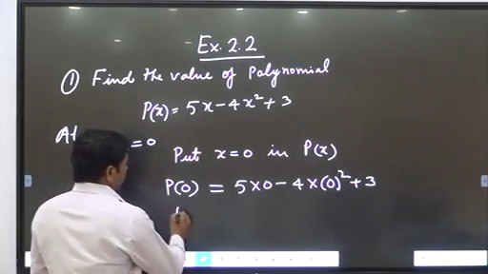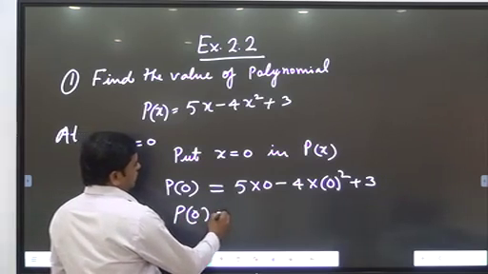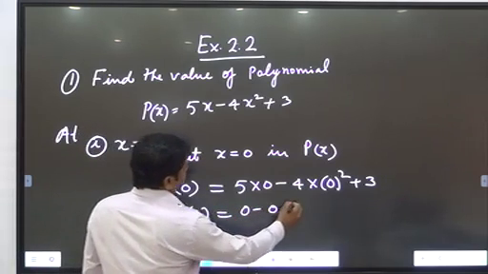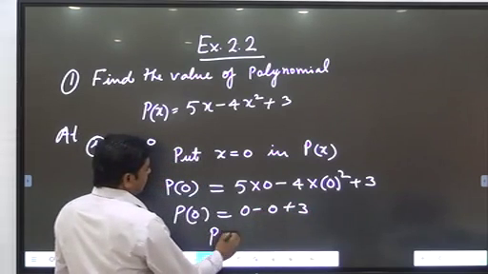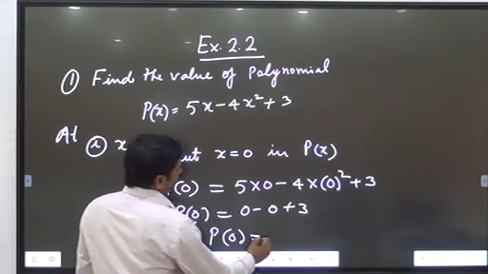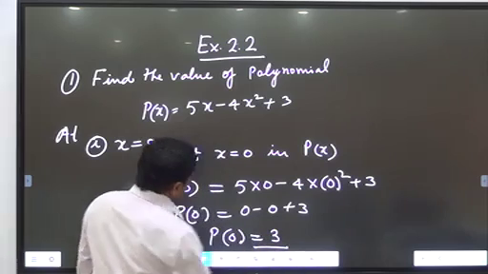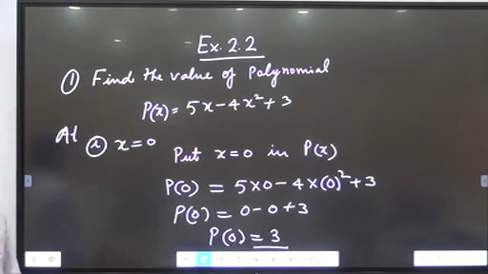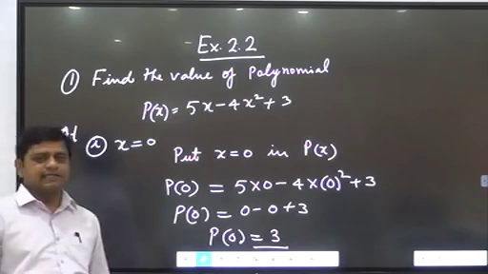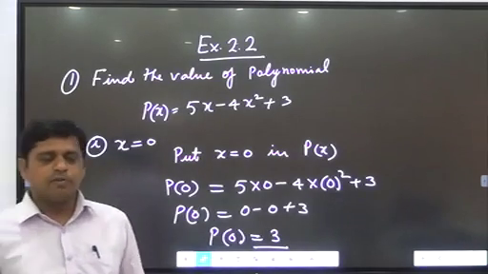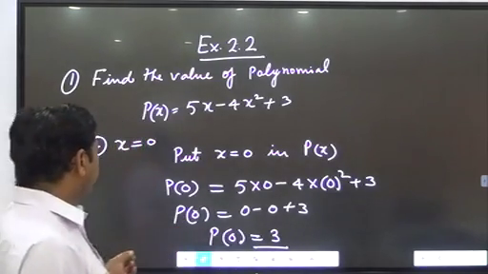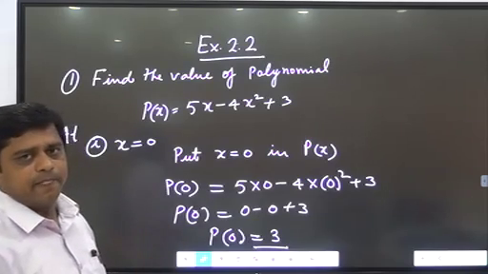So p(0) is equal to 0 minus 0 plus 3. Finally we get the value of the polynomial at x equal to 0 is 3. We can also write it in statement form: the value of the polynomial at x equal to 0 is 3.